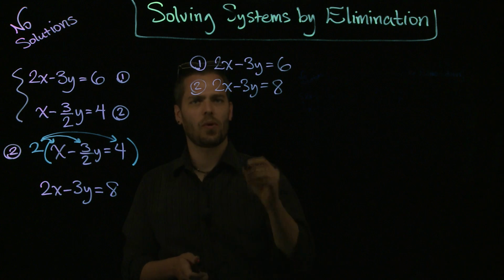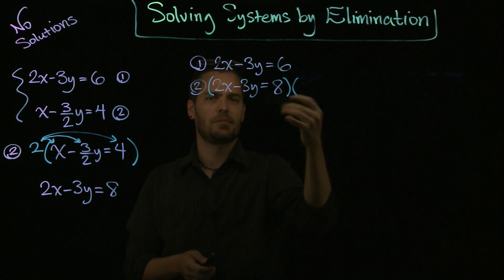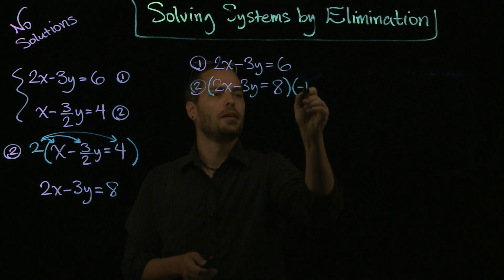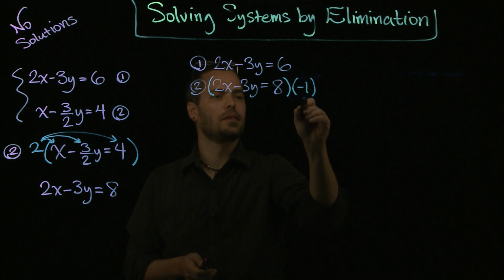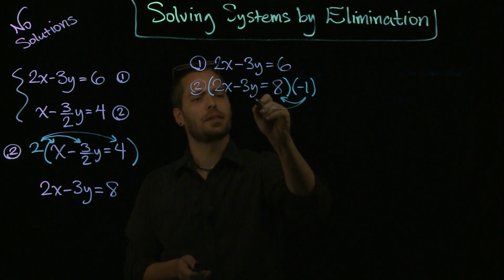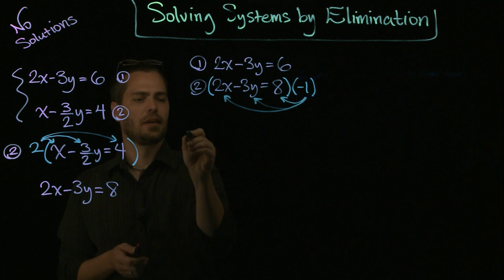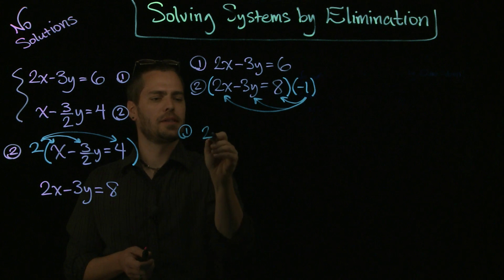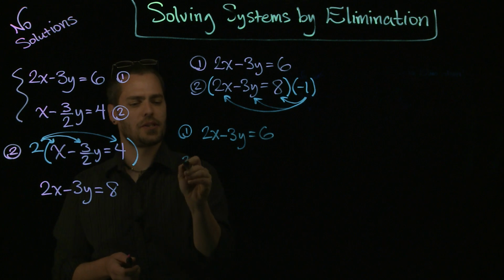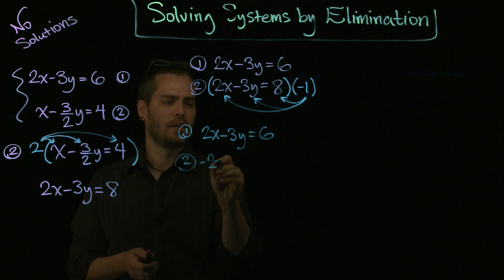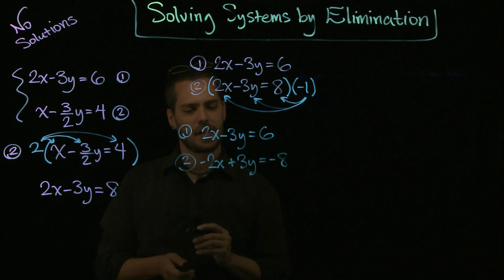So why don't I go ahead and multiply the second equation, or the first, I'm just choosing the second here, by negative 1 so that it changes the signs of everything I'm looking at. Negative 1 times all these things for equation number 2. This then gives me equation number 1 is the same as it was, 2x minus 3y equals 6. Equation number 2 is negative 2x plus 3y equals negative 8.